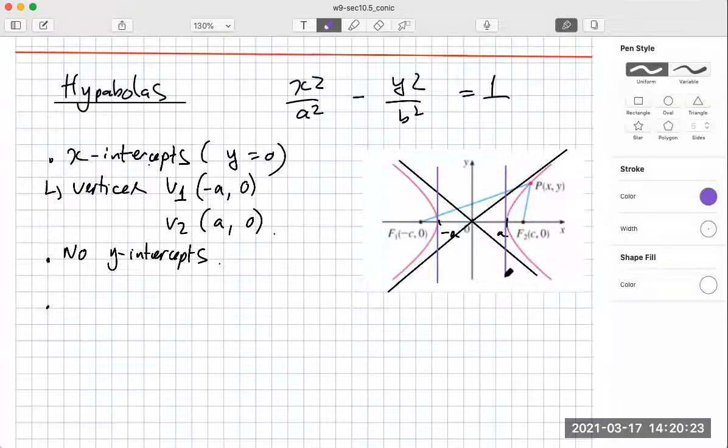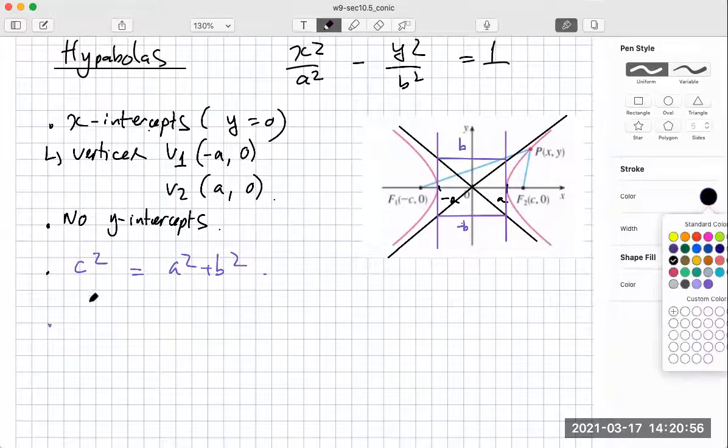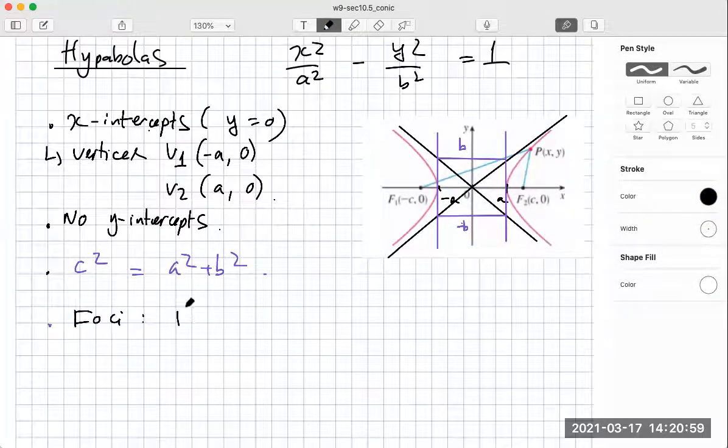Sorry, we're not done yet. Here this point should be b, and this point is negative b, right? If we draw this, then we have this rectangle. And the relation here, c squared is always equal to a squared plus b squared. And for c, same story: F1 will be negative c, 0, and F2 is c, 0.